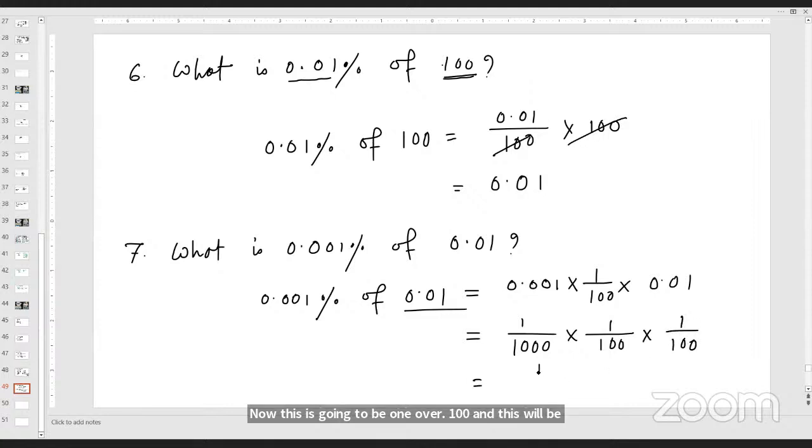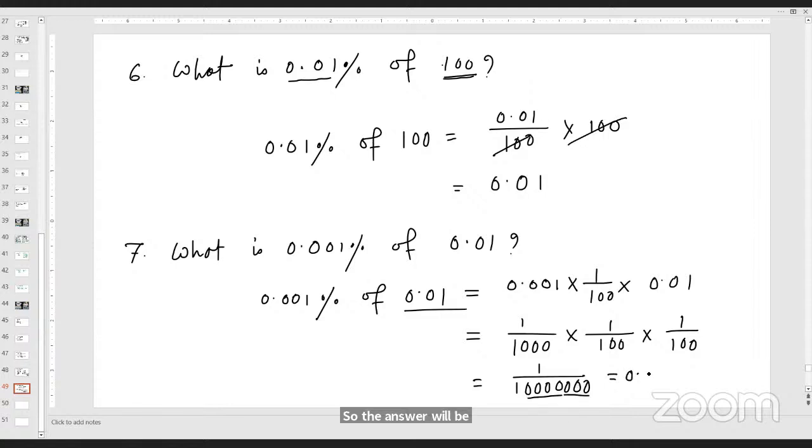Now the answer is going to be 1 over 1 followed by zeros, right? So we get 7 zeros over there: 0.0000001. Understood? No, sir.